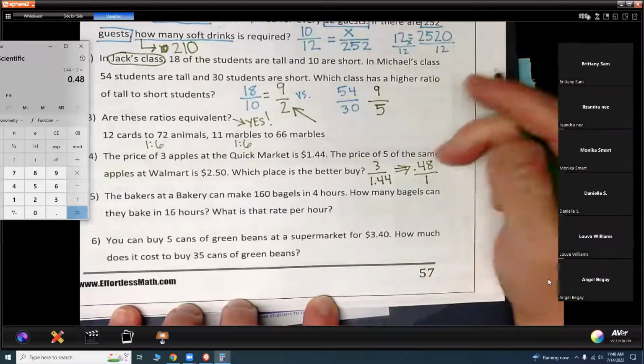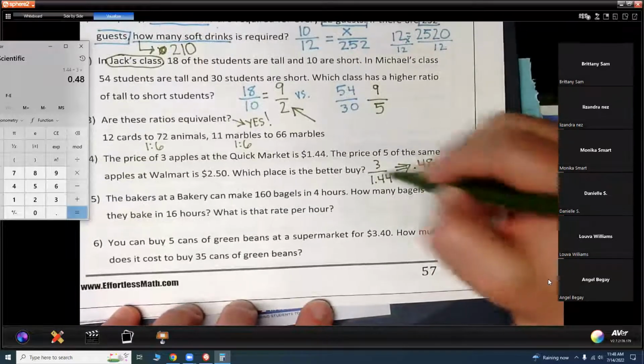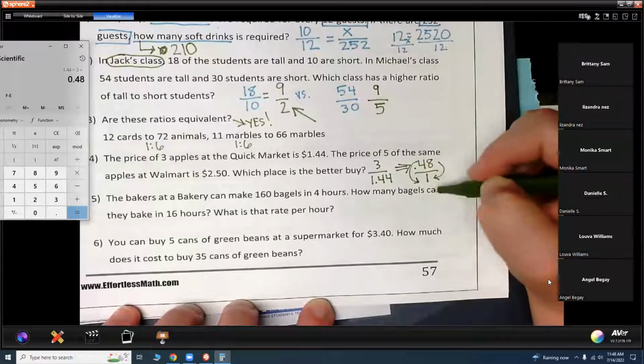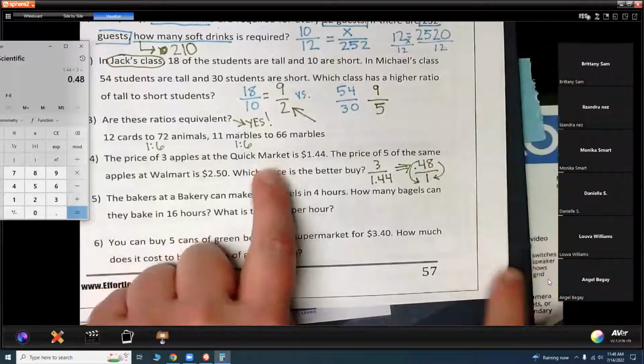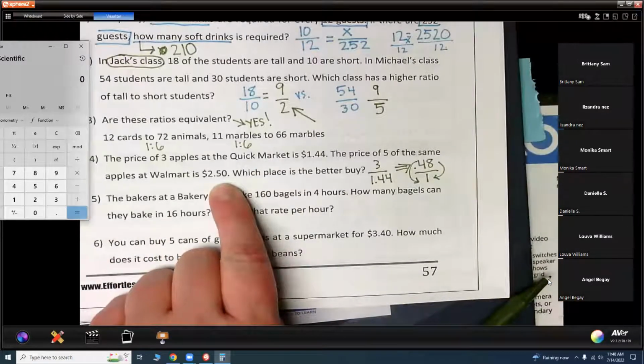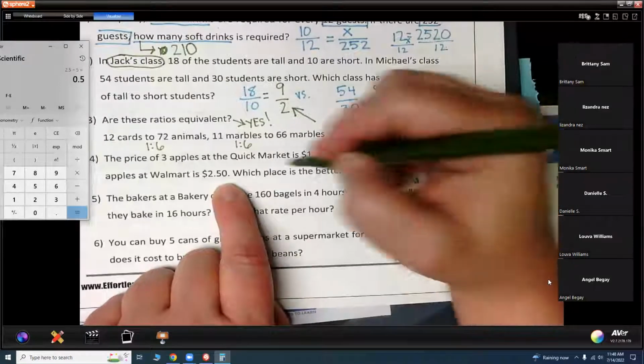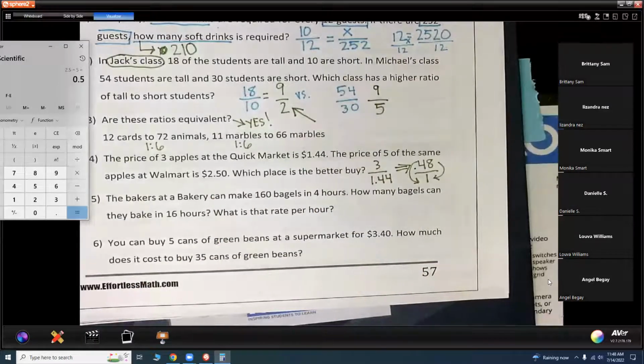Just switch that around, right? So 48 cents per apple at the Quick Mart, and then right at Walmart, 50 cents an apple, so yes, right? Quick Mart apples are cheaper.